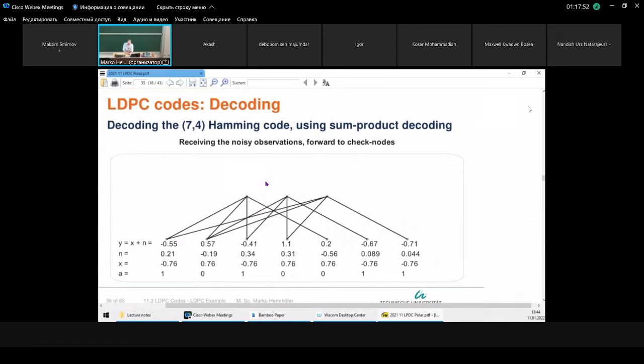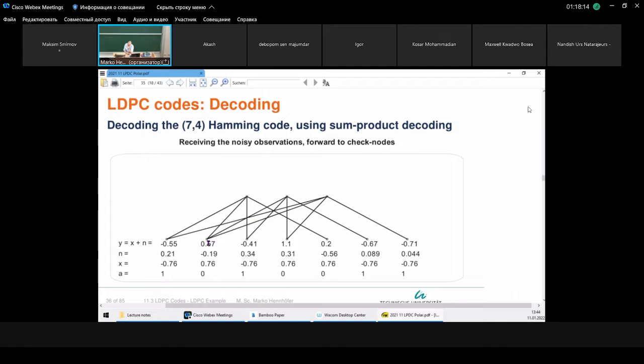Okay, so just look at this example. Again, I modeled some received values here: noisy observations from some noise process, some transmitted values, and some actually mapped bit values.